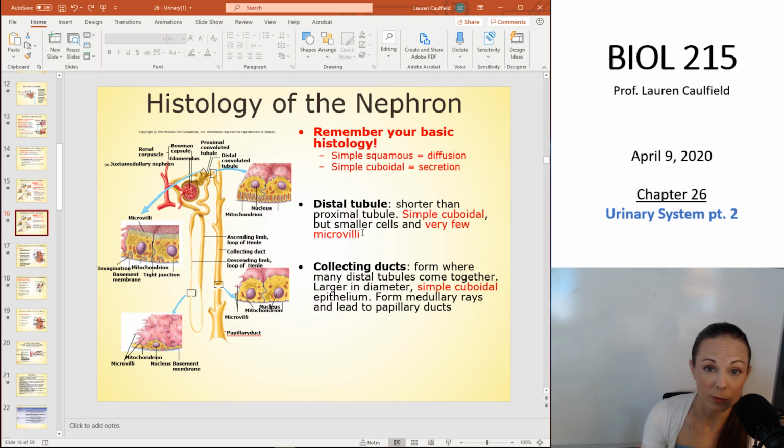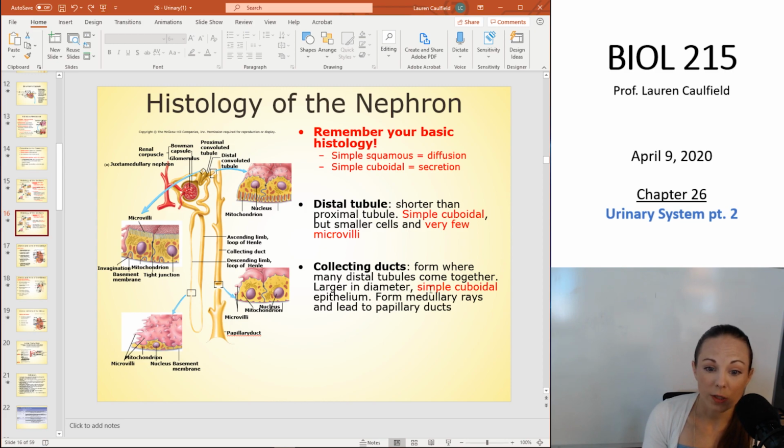But guess what? Would we say that our simple cuboidal we're typically associated with? Secretion, okay? So in our distal convoluted tubule, this is where we're going to be doing a lot of that secretory activity we saw is the third step of urine production. And then in our collecting ducts, like we said, our ducting systems typically associated with cuboidal cells, okay?